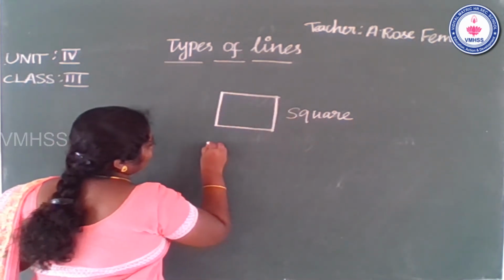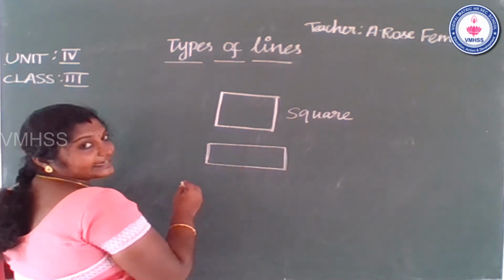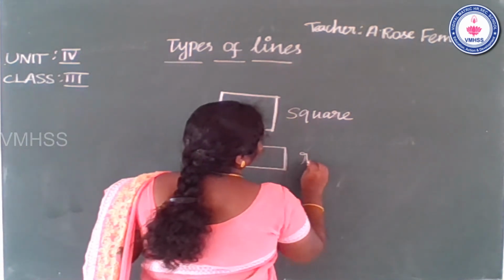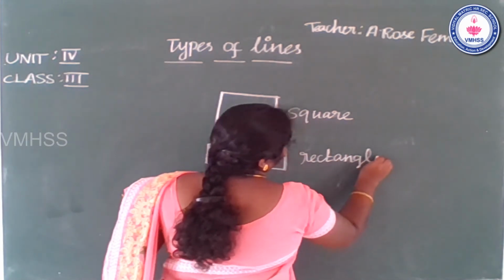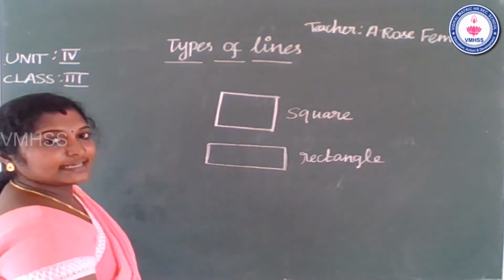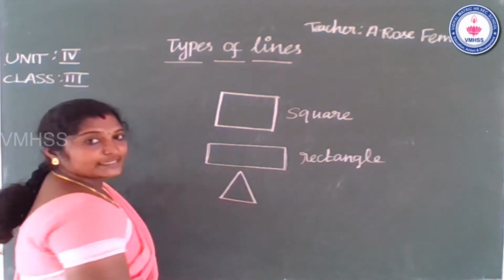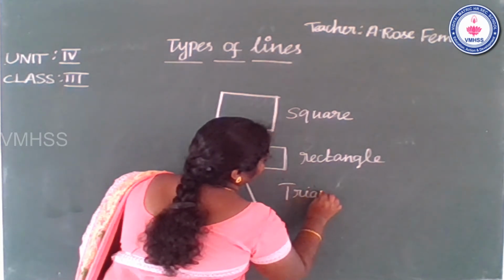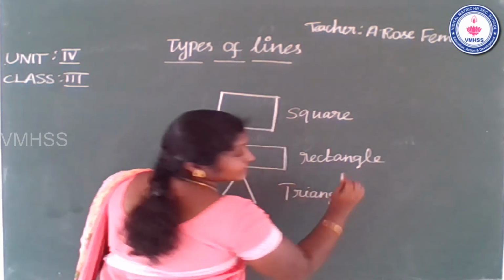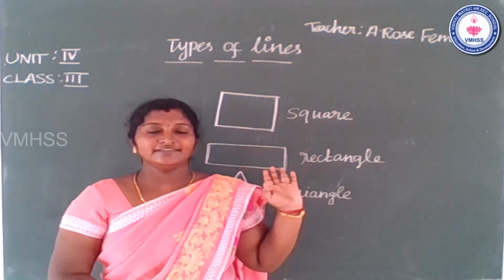Next shape. This is a rectangle. This one is a triangle.